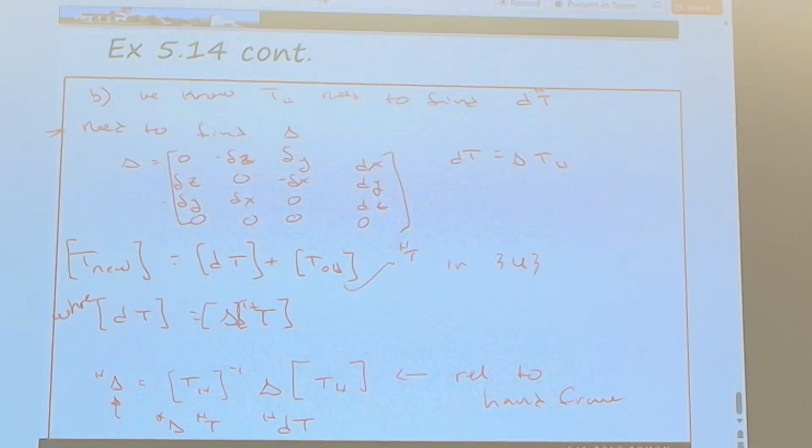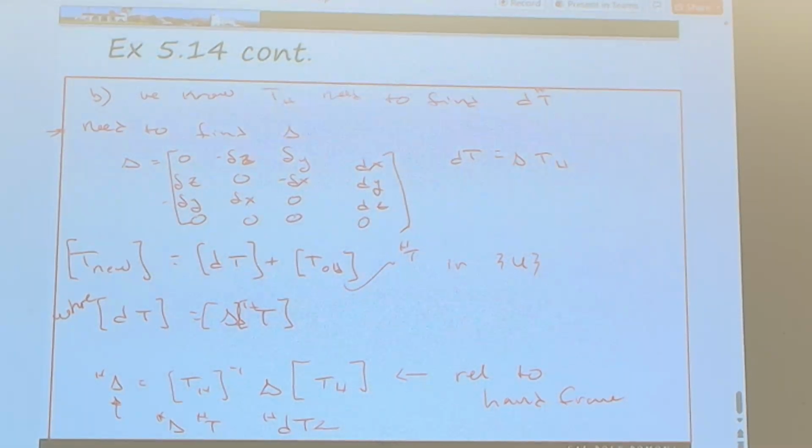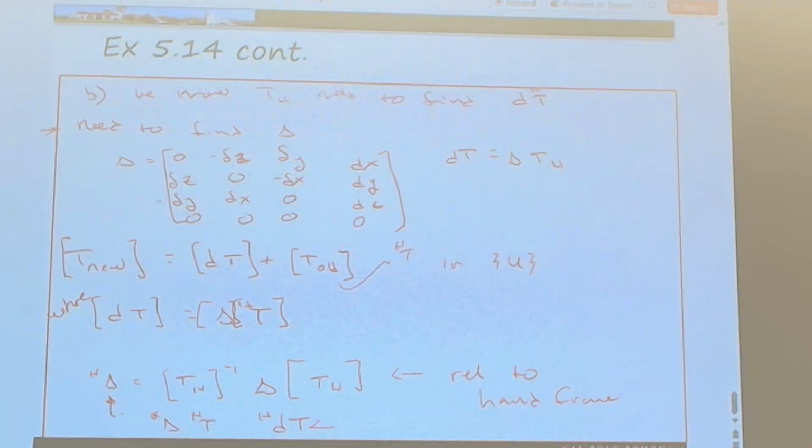Do we need dt relative to the hand frame? Yeah, so if I want to know the velocity or the dt relative to the hand frame, then I could use that relationship instead. And then, can you fill in the delta matrix? It's the same exact format that we have right here.